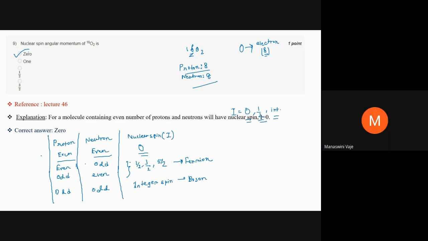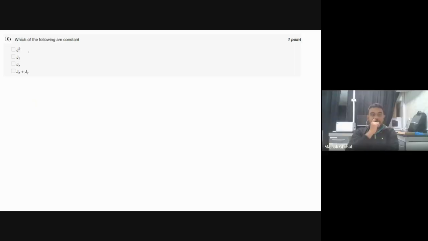Okay. So this is the next question. This is another straightforward question. This was also discussed at the very basic, very starting: which of the following are constant? J square, Jz, Jx, Jx plus Jy. I have told you. So what is the answer?